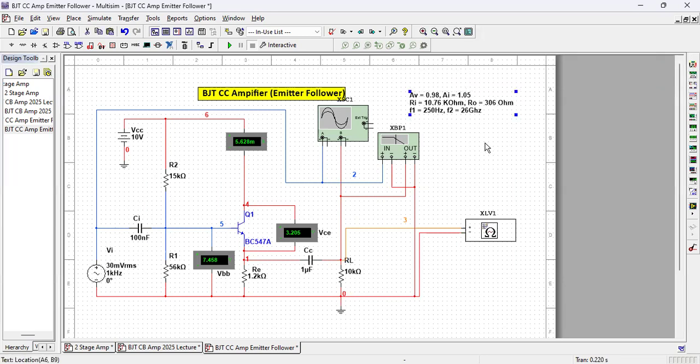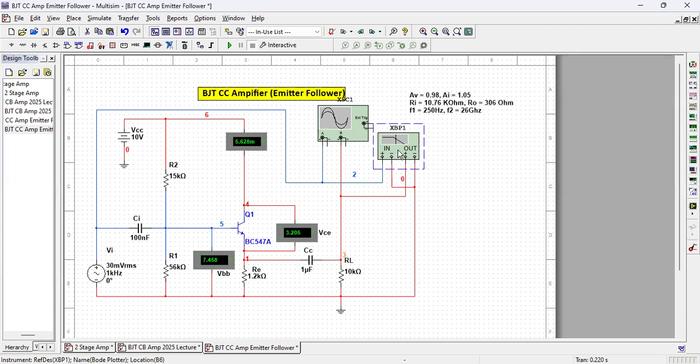If you have already noted, the other two versions will not have so low output impedance or so high input impedance. That is the purpose of this common collector mode or emitter follower. As we said in theoretical class, it works as an isolation stage.